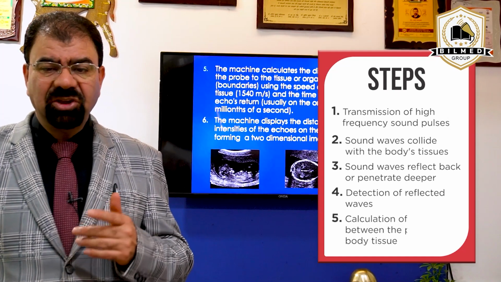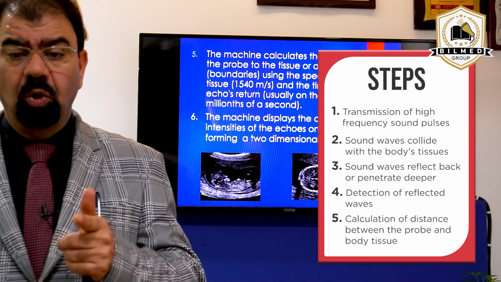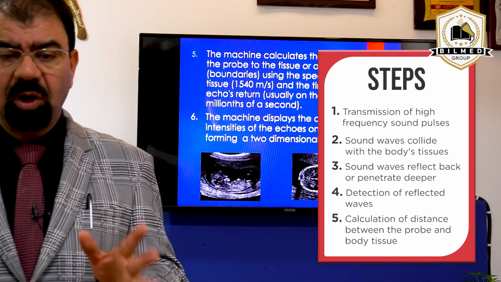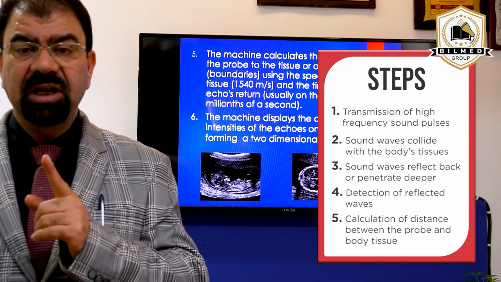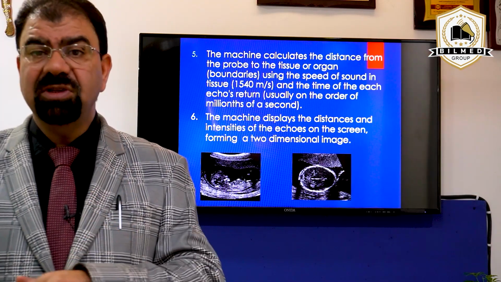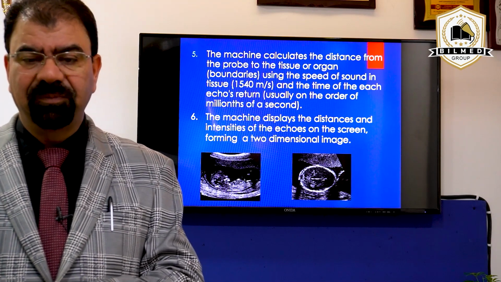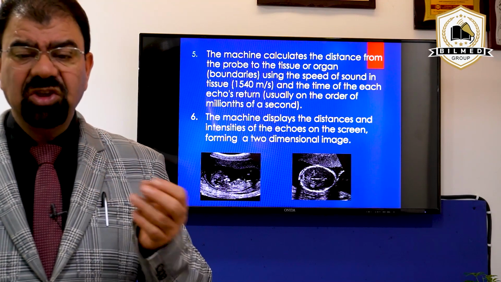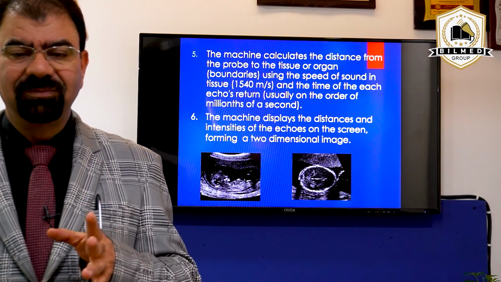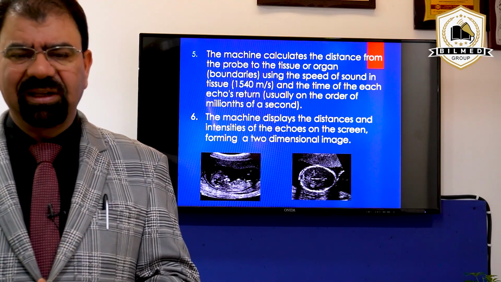Fifth, the machine calculates the distance from the probe to the tissue or organ using the speed of sound in tissue, and that is 1550 meters per second, and the time of each echo return, which is usually in the order of a millionth of a second.